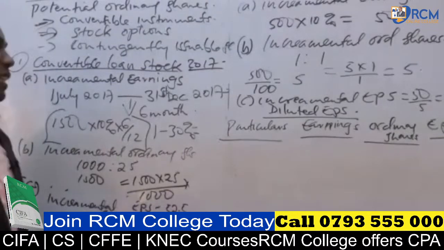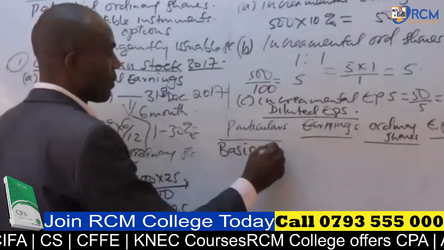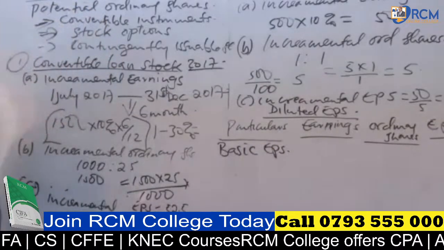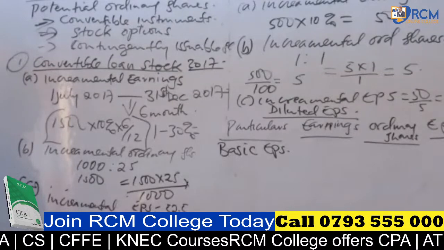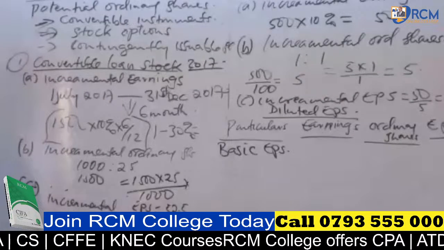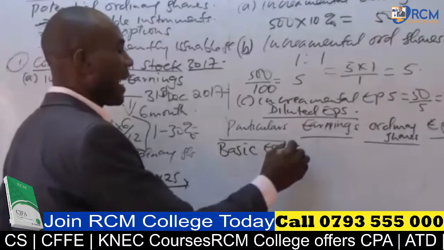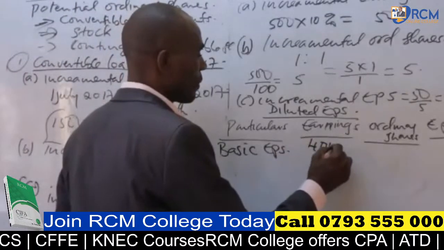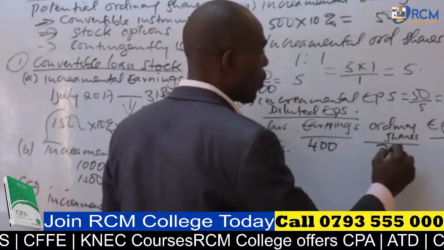Then we begin with our basic EPS. Basic earnings was 400. Basic ordinary shares was 20.